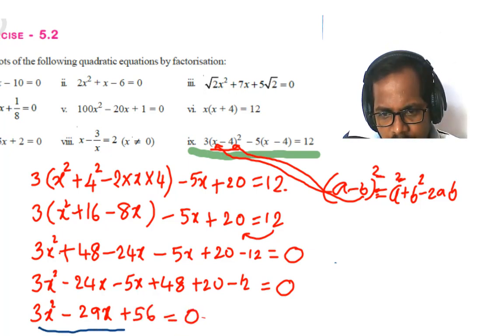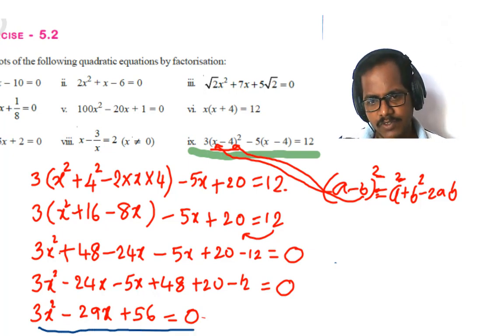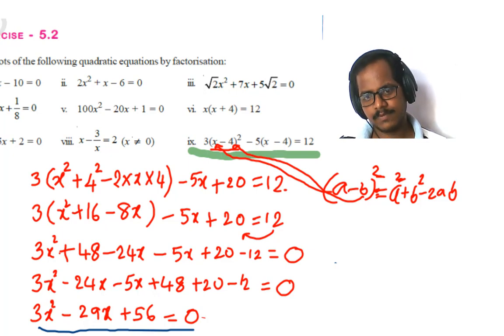So now we get the quadratic equation as 3x square minus 29x plus 56 equals 0. Now from this step we can proceed with the factorization method for finding the roots of this equation. So you do it on your own.